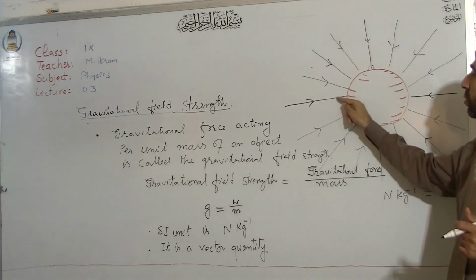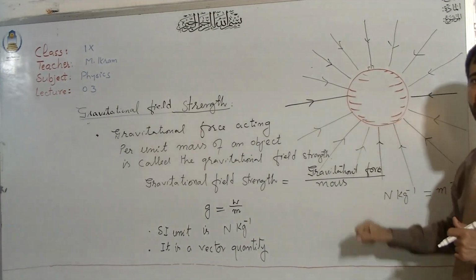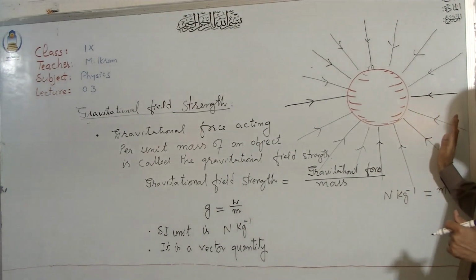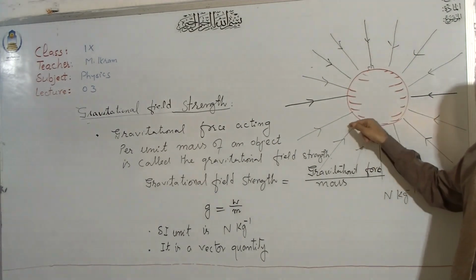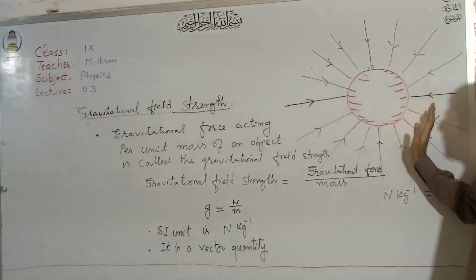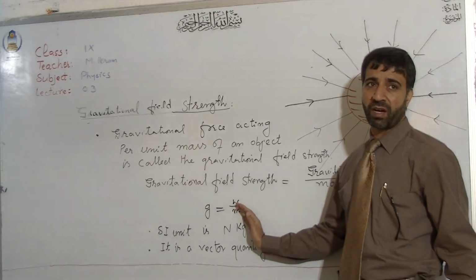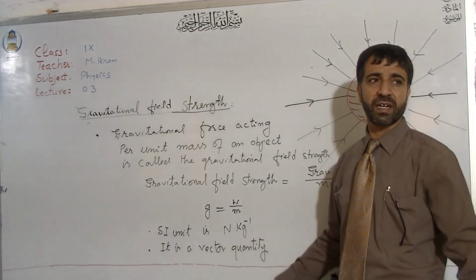Where the lines are closer, the field will be stronger. Where the lines spread apart, the field will be weaker, right? And as the distance from the body increases, the gravitational force decreases. And then there was the gravitational field strength, which I also told you about.